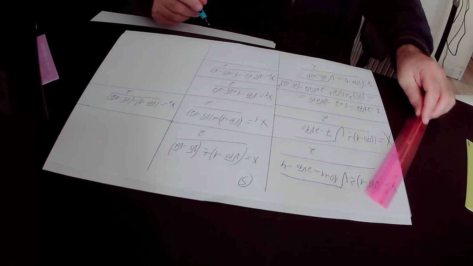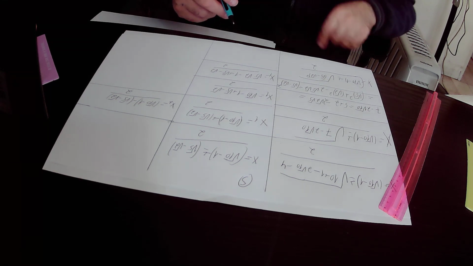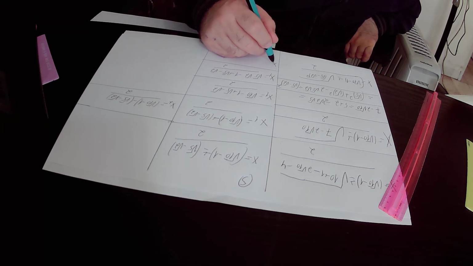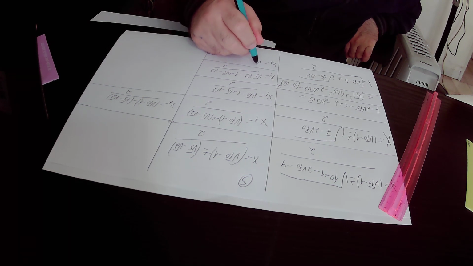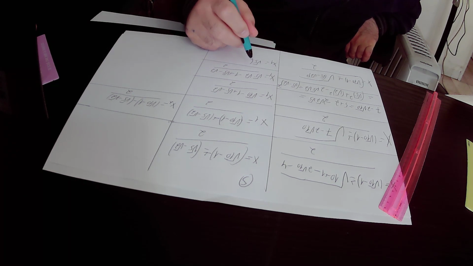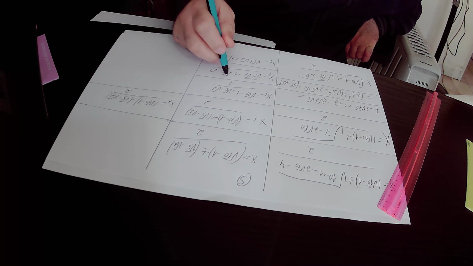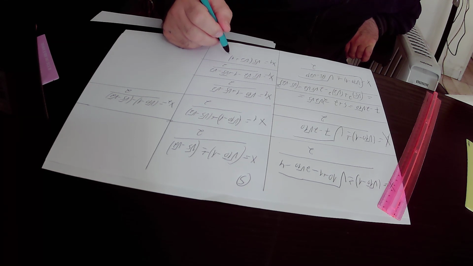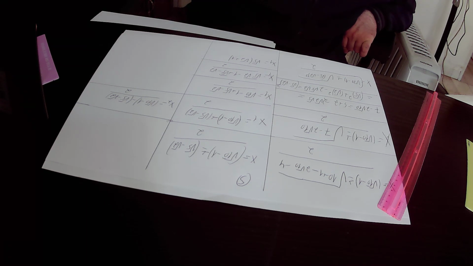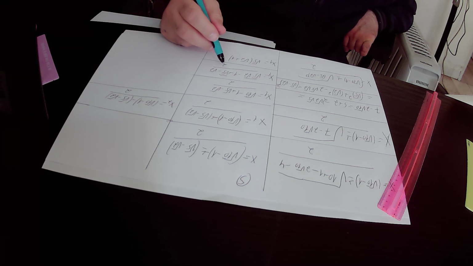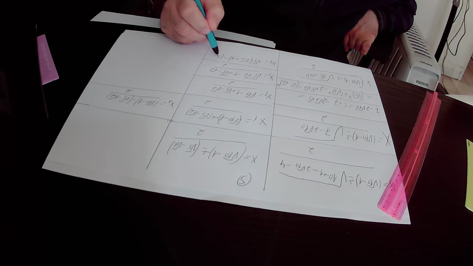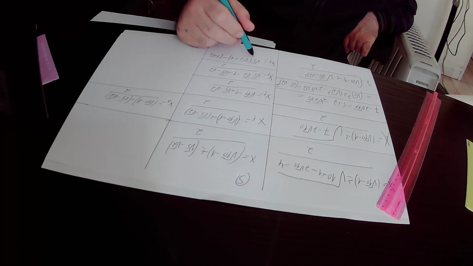So here we will take square root of 5 as a common factor, and inside the brackets we will have square root of 2 plus 1, and here we will take minus 1 as a common factor, and inside the brackets we will have 1 plus square root of 2, all divided by 2.